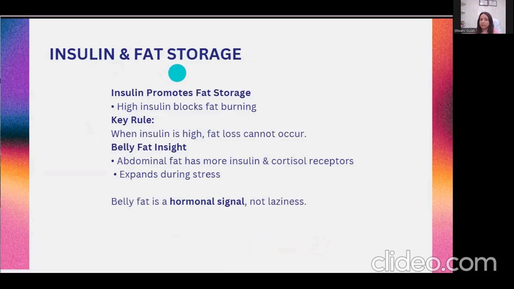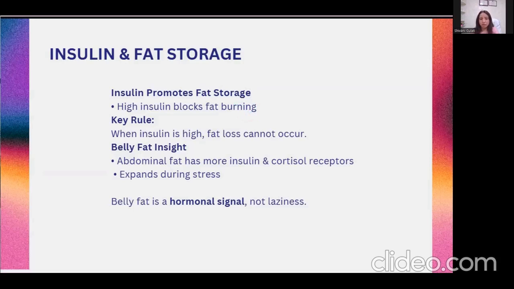So insulin came from the pancreas and absorbed the glucose, this we all understood. Now, what is insulin and fat storage, and how are they connected? As I said, insulin promotes fat storage; it is also a storage hormone. Whenever insulin is elevated, the body receives a message to store the fuel rather than burn it.